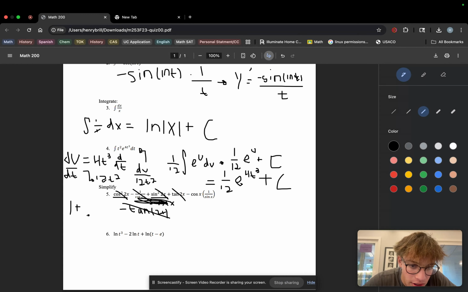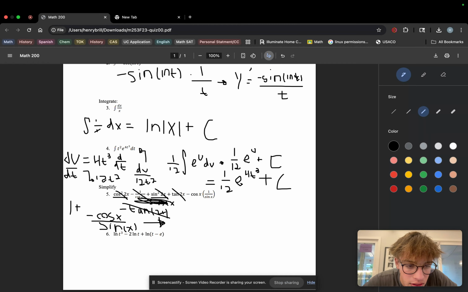So 1 plus negative cosine x times 1 over sine x, not cosine of 1 over sine x. Cosine x times 1 over sine x, which we can rewrite as cosine x over sine x, which is the same thing as cotangent. So we can rewrite that as 1 minus cotangent x, and that is as simplified as it can get.